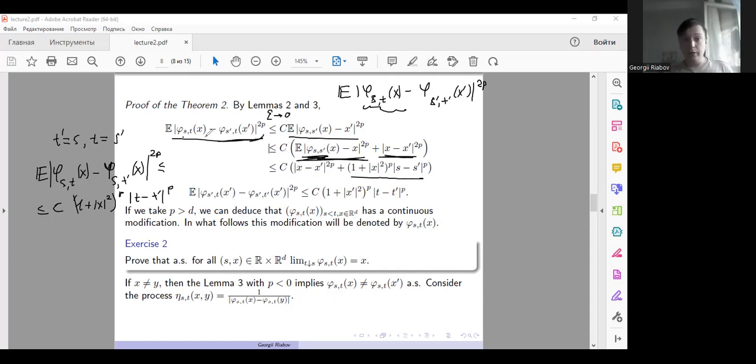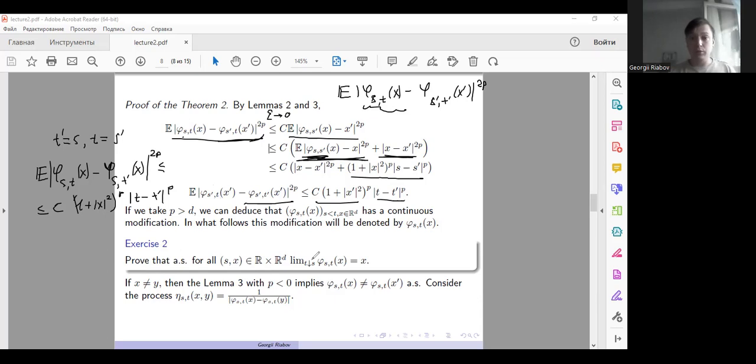Okay, so we get the first estimate, and the second estimate is to compare phi s prime t prime x prime with phi s prime t x prime. And this is done again in the lemma 2. So we get a bound 1 plus x prime squared in the power p, t minus t prime in the power p.